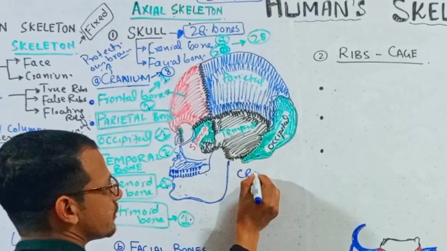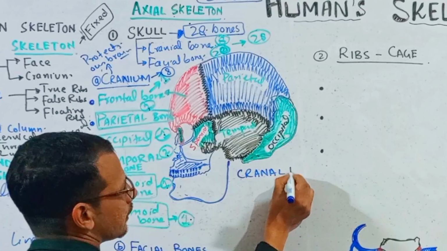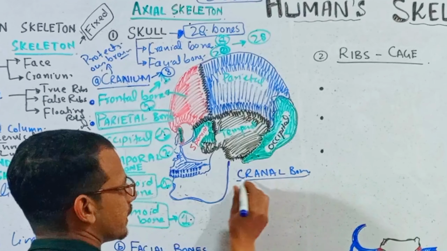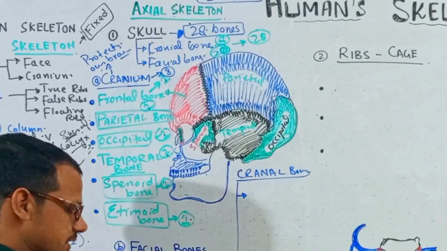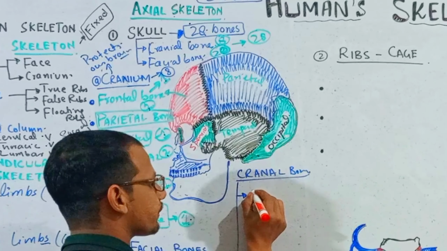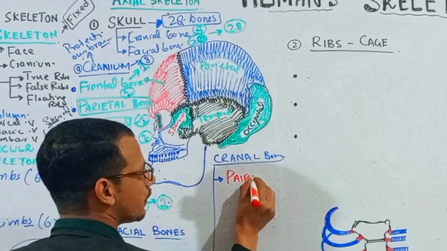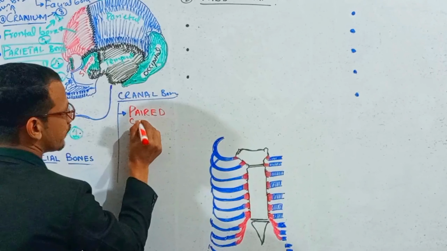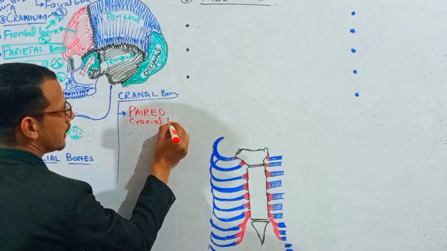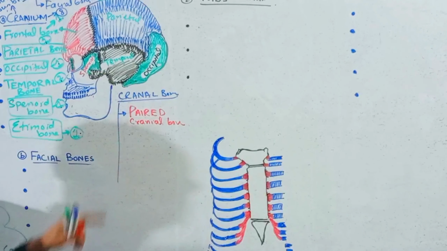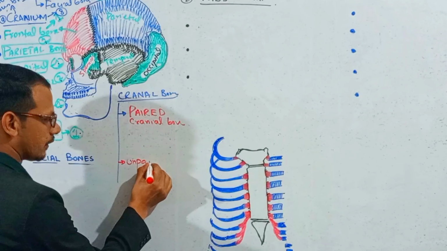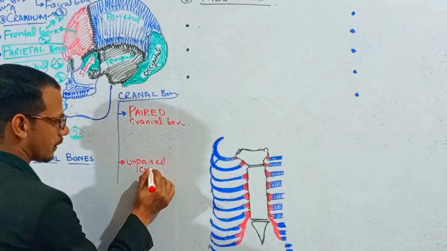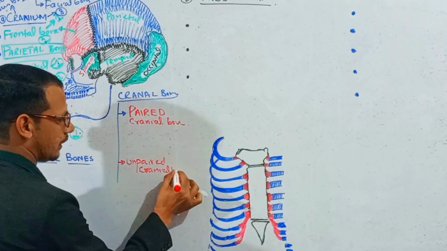Cranial bones are divided into two parts. The one is paired cranial bones, and the second one is unpaired cranial bones.